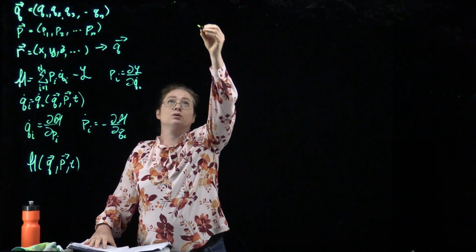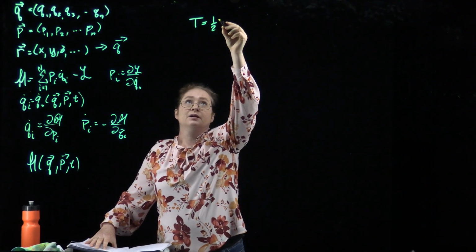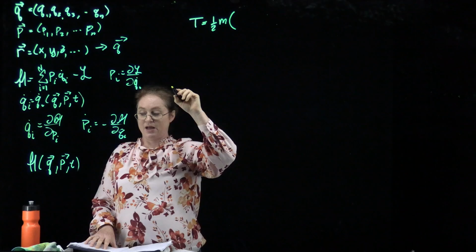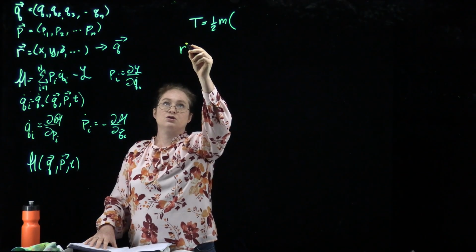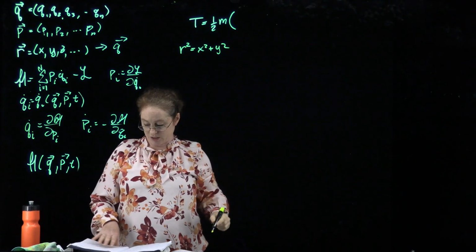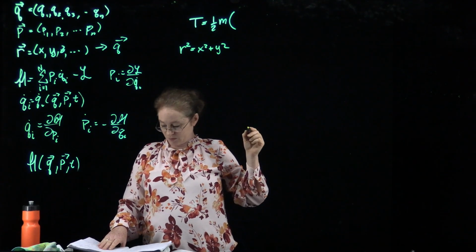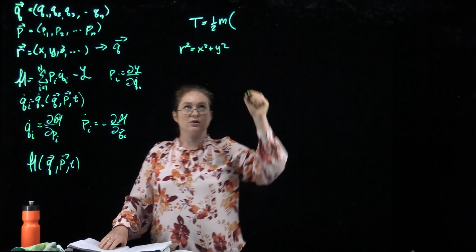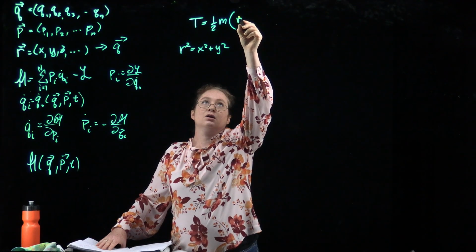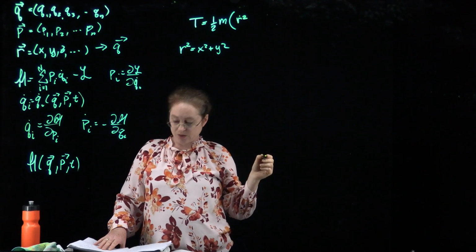Okay, so in this case, our kinetic energy is going to be 1/2 m, and then, so here we have r squared equals x squared plus y squared, and we're going to use phi and z as our other coordinates. So here, one of our components is r dot squared.